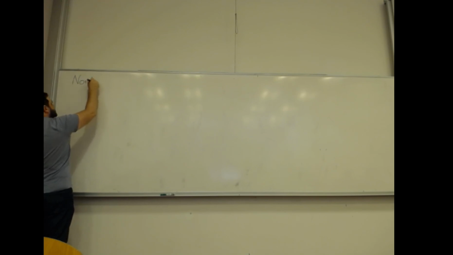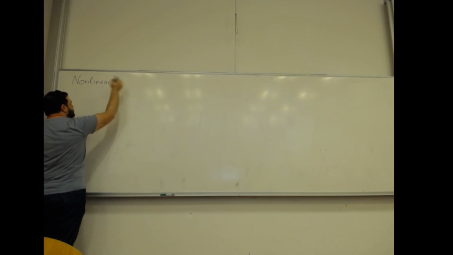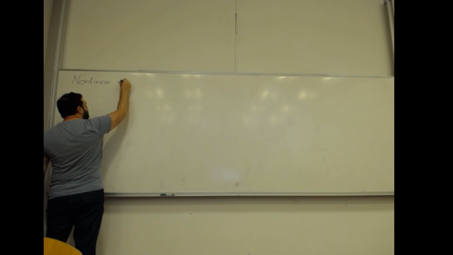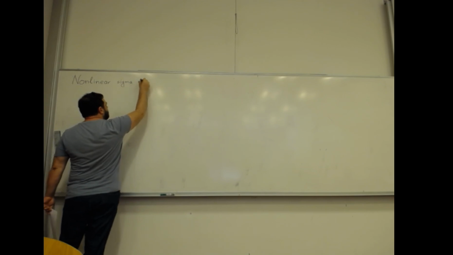Okay, so what we discussed last time, we finished the derivation of the nonlinear sigma model, which is the main subject of this whole lecture course. And we ended up with the F-shape model.